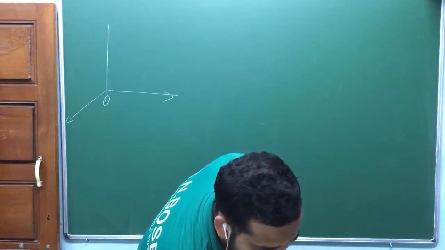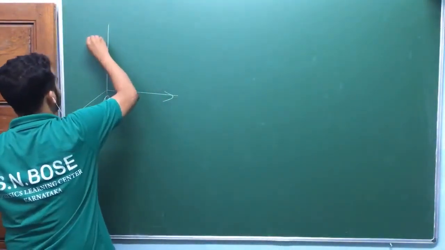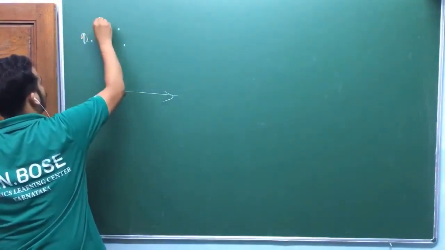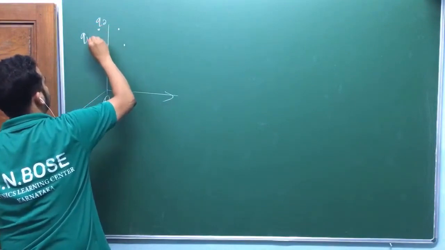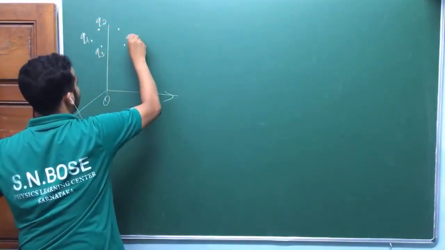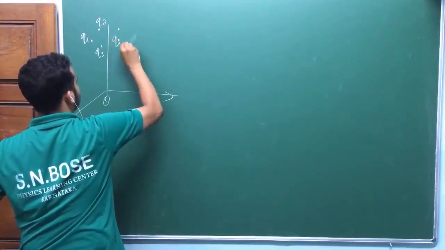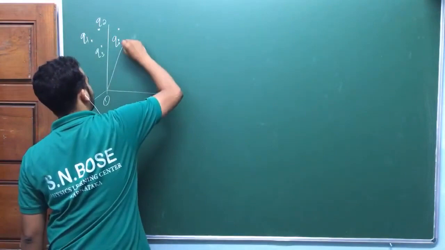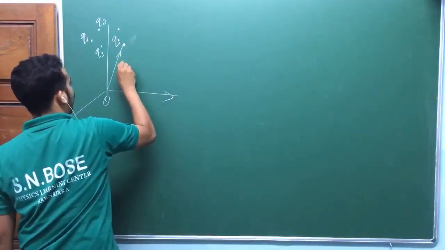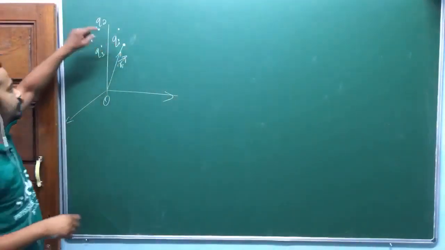So then, we have taken some point charges here: Q1, Q2, Q3, and this is Qi. Let me take this as the ith charge, Qi, whose position is Ri prime, the position vector of this charge from the origin, okay?